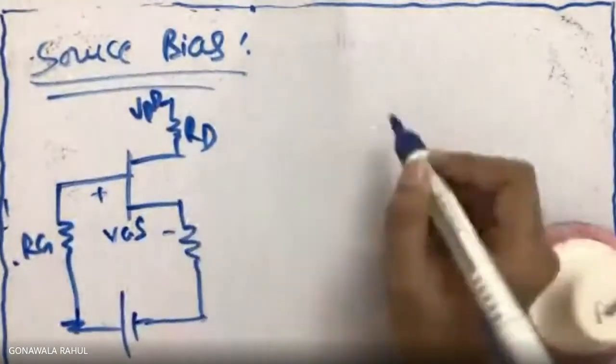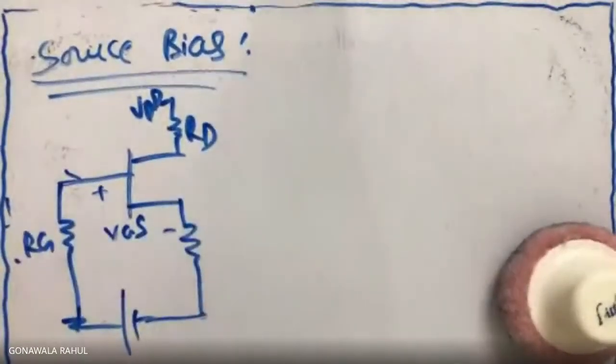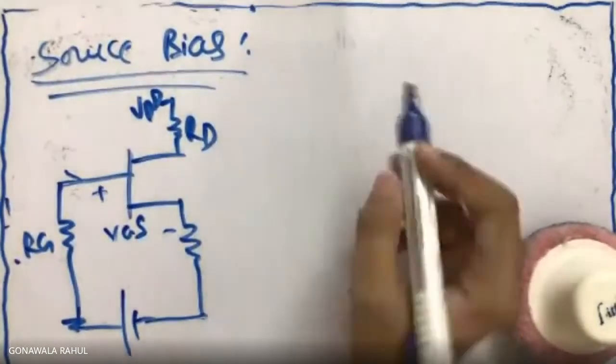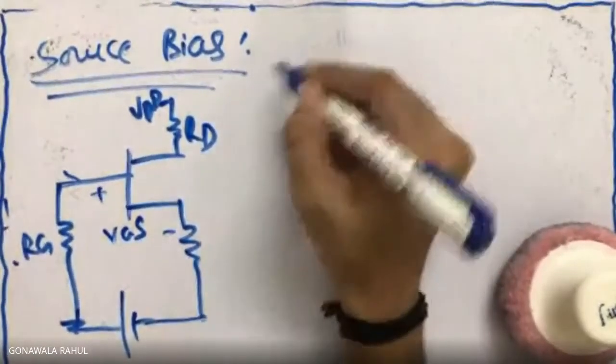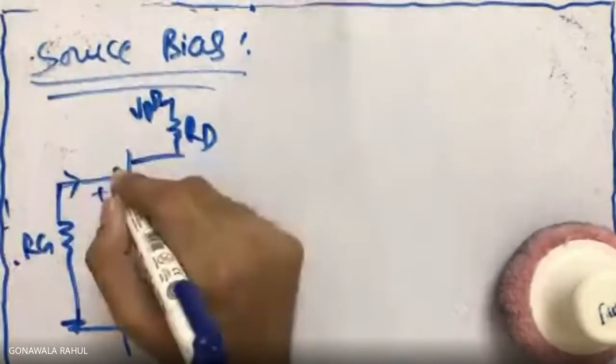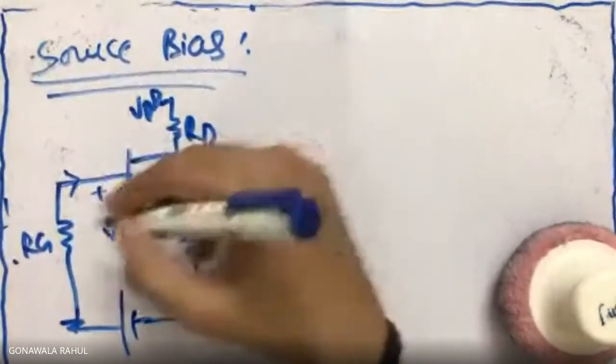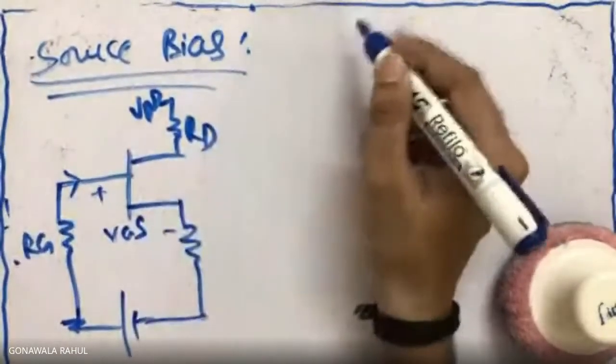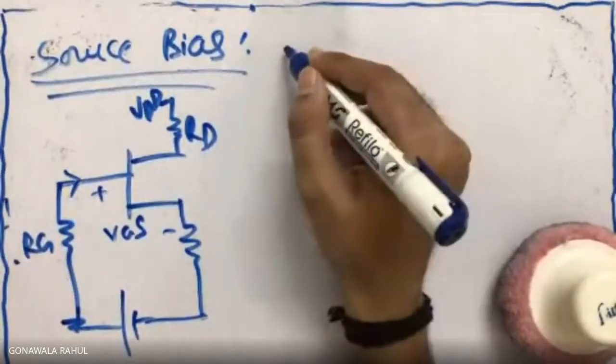Okay, so applying here, gate current IG will be 0. So IG into RG drop, I consider as 0, because to provide negative reverse bias, we keep IG as 0.